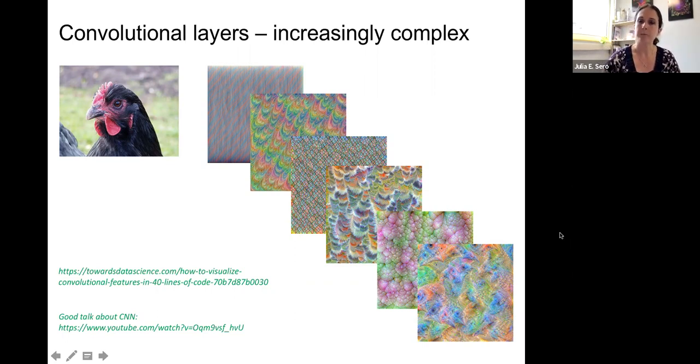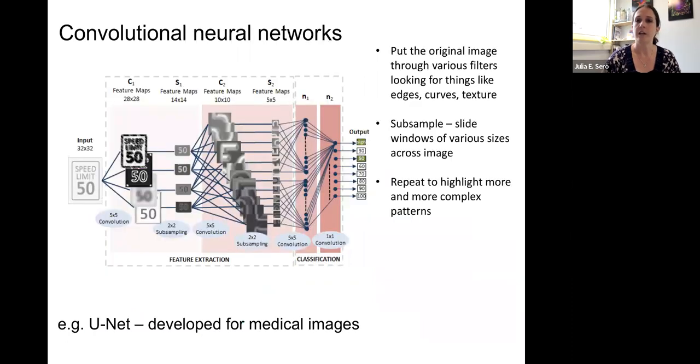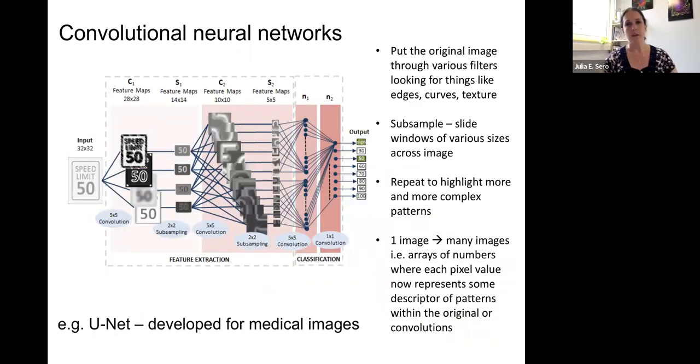And then what happens is that this convolution repeats. The image is translated into many images, where each image now represents some sort of descriptor of patterns. And then those patterns are themselves made into an array that's matched up against the original of the convolution.